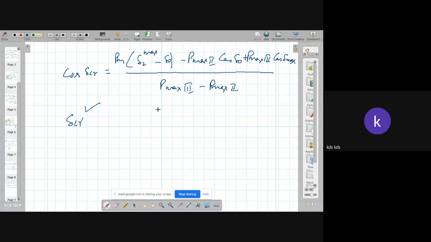So in case of a multi-machine system, we have no other option but to solve the swing equation. Now, how to solve the swing equation? Because the swing equation is a derivative equation, involving the derivative. The swing equation is M d square delta by dt square is equal to Pm minus Pe. So we have to apply some numerical method for the solution of the same equation.